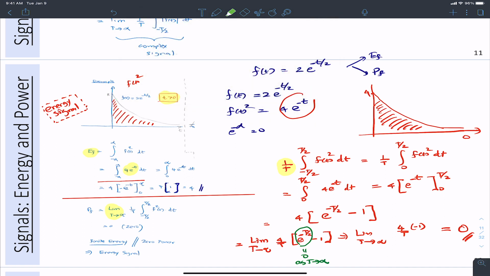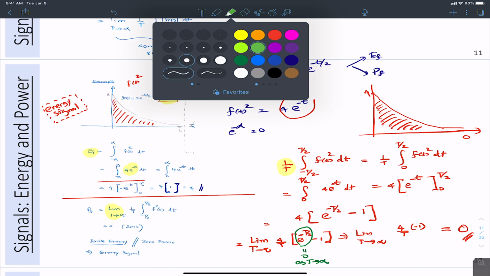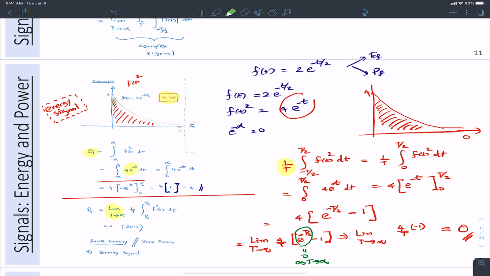It all started with the definition that when t is less than 0, the signal does not exist. It goes down to 0, and it only has limited energy. So that's why it is called an energy signal. If a signal never stops, that's the next signal we are going to see, then it has infinite energy but finite power.